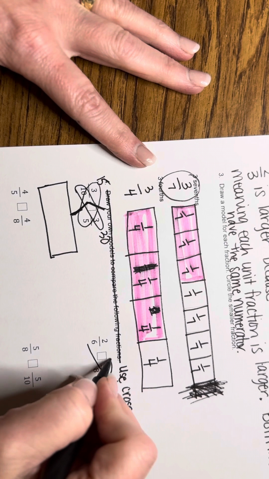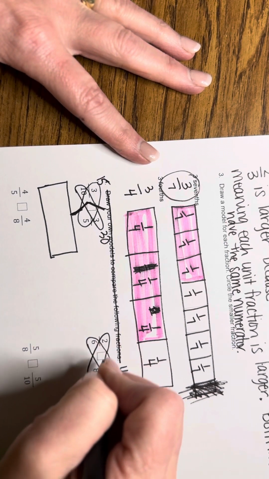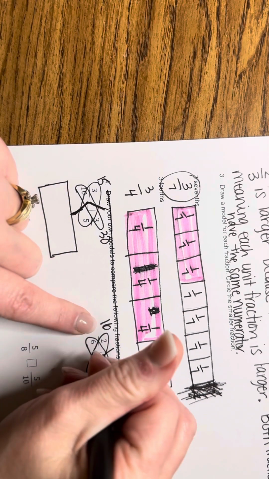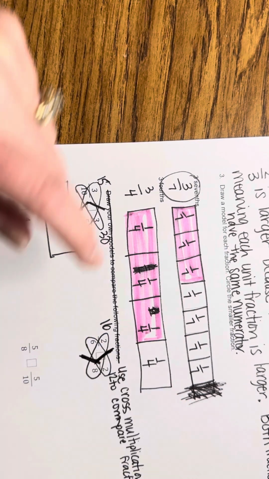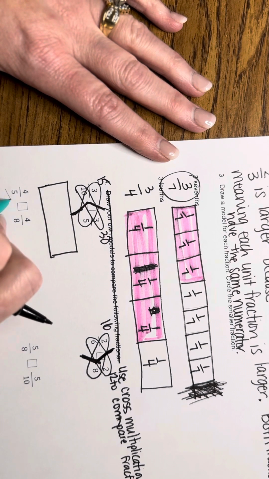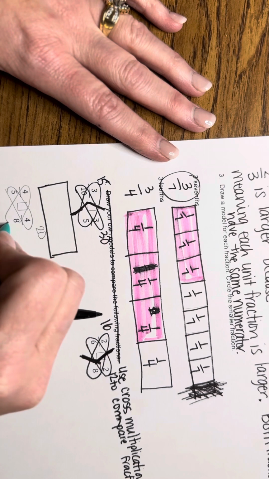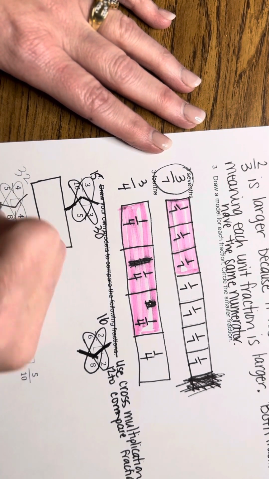So 2 times 6 is 12. 2 times 8 is 16. So 16 and 12 is what you're comparing, and 16 is bigger. Okay. 5 times 4 is 20. 8 times 4 is 32. Okay. So 4/5 is bigger.